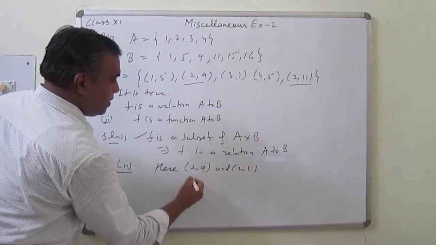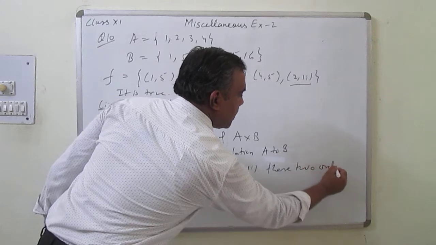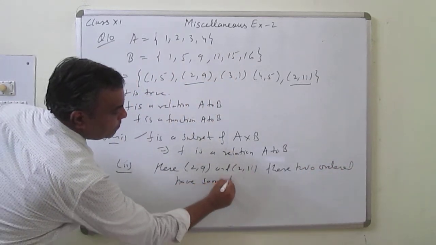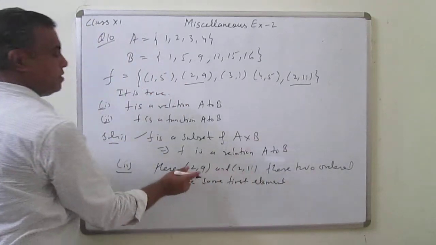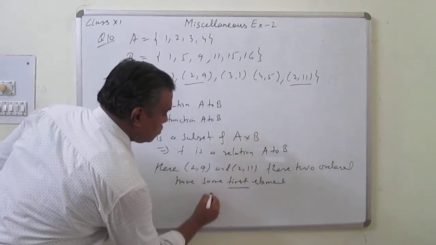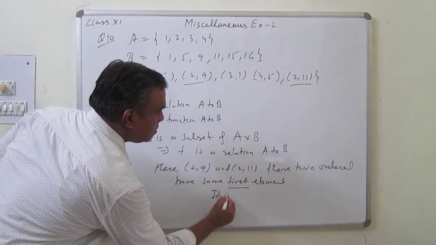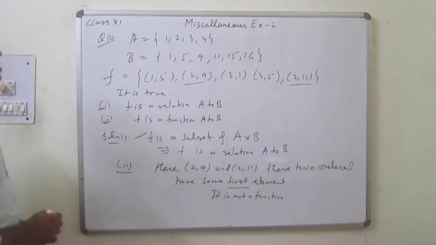These two ordered pairs have the same first element. Both must have a unique image. So it is not a function.